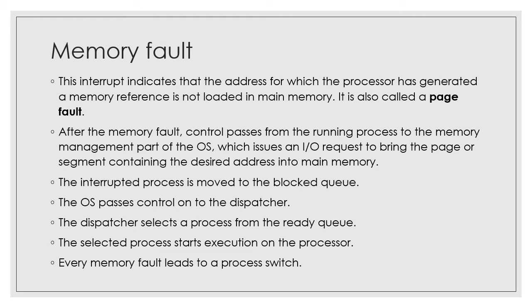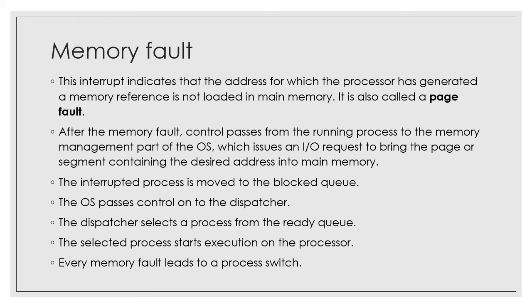If virtual memory uses pages, all chunks have the same size. If it uses segments, each chunk has a different size. The interrupted process is moved to the blocked queue. It will remain blocked as long as the IO request is not complete.